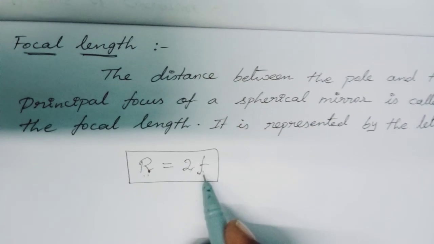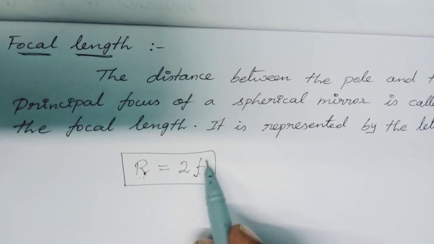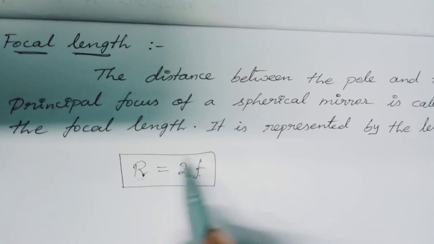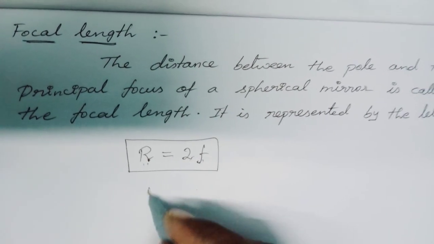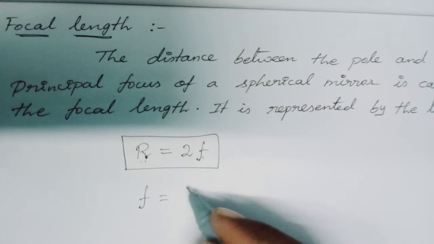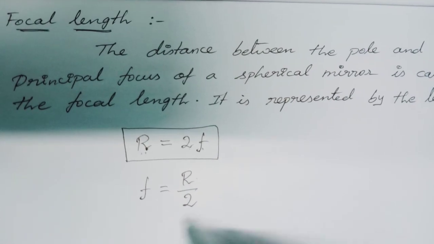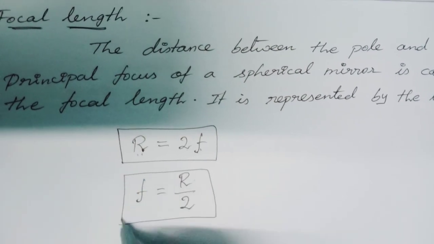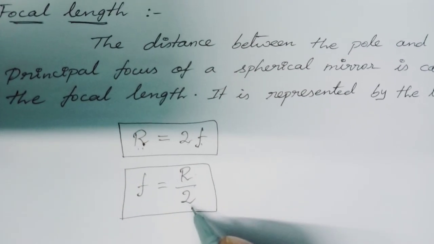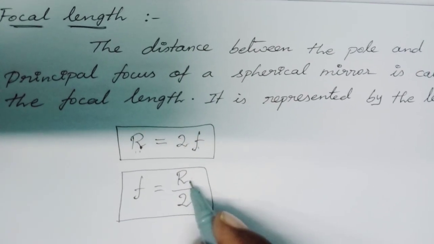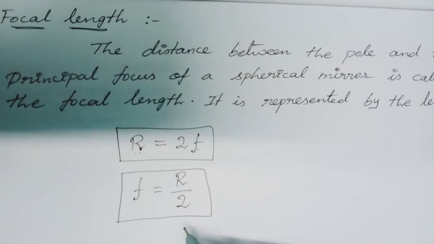If you want to find the value of the focal length from this formula, you can write it as f is equal to the radius of curvature divided by 2. Focal length f is equal to R divided by 2. It means the focal length is half the value of the radius of curvature. Is it clear, children?